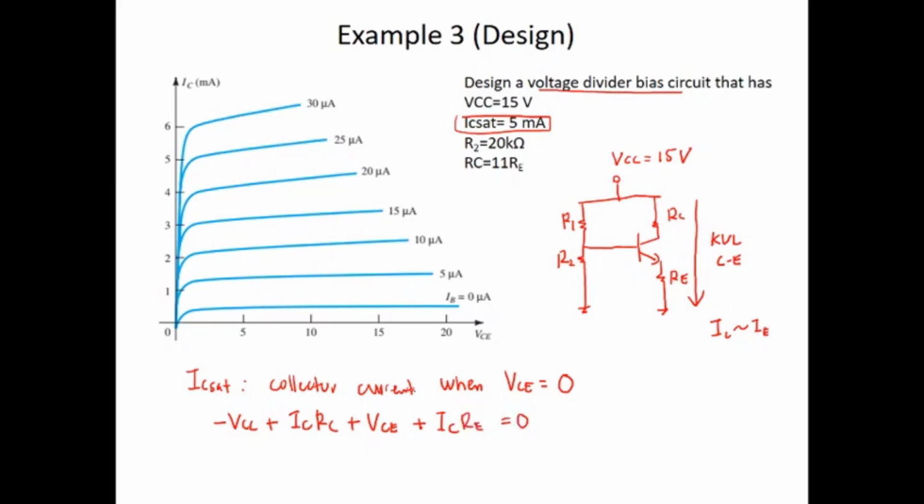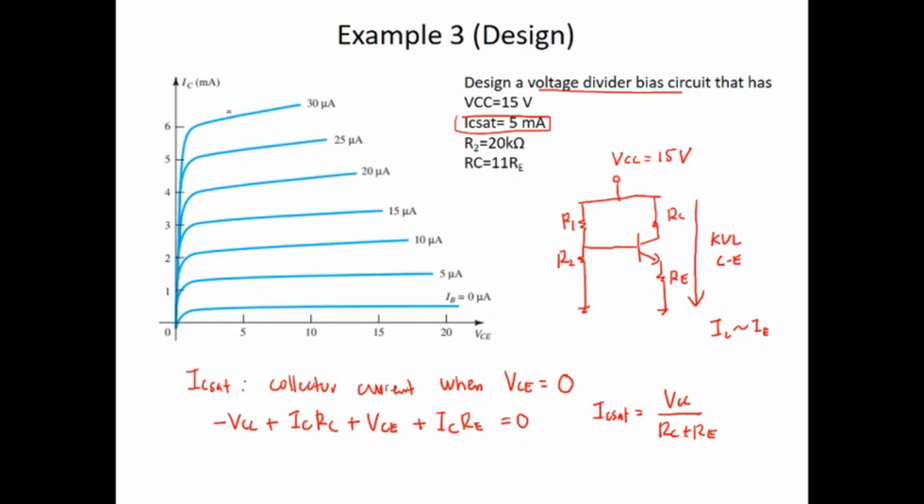So IC saturation is the collector current when VCE is 0, and IC saturation is equal to VCC over RC plus RE. So this is the equation of IC saturation.